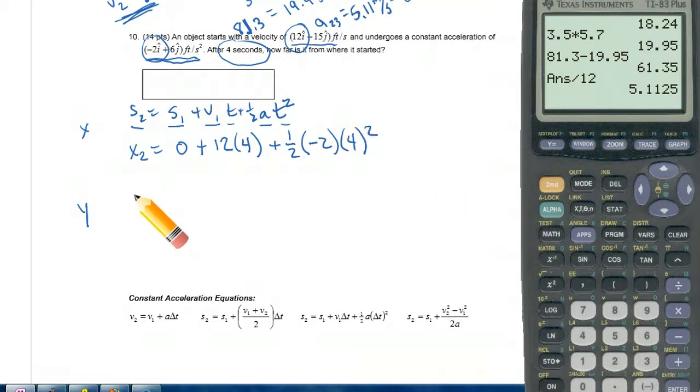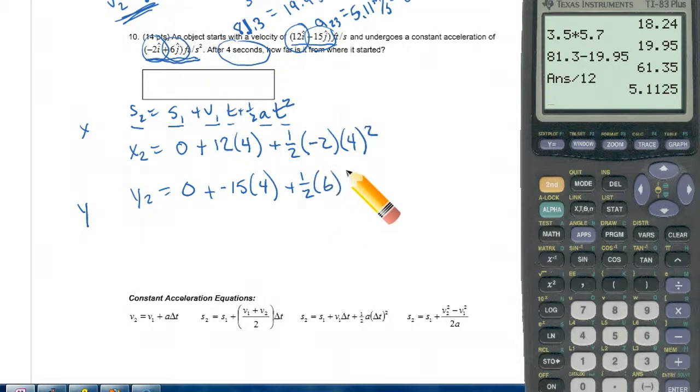We'll go ahead and write out the y equation. Start at 0. Y is going to be minus 15 times 4, plus 1/2 the y acceleration, plus 6, times 4 squared.